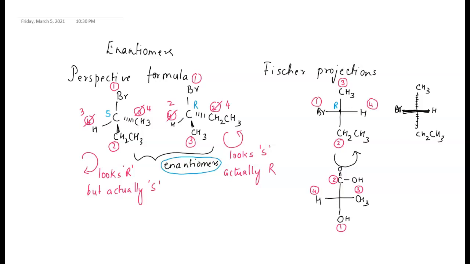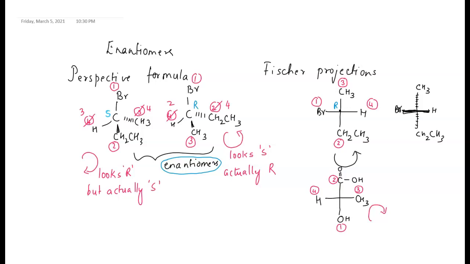So when we look at the wheel, we are going from 1 to 2 to 3, right? We are going this way. Our wheel is clockwise here, 1 to 2 to 3 clockwise. However, we know that if the lowest priority is on the horizontal bond, we need to switch our answer.